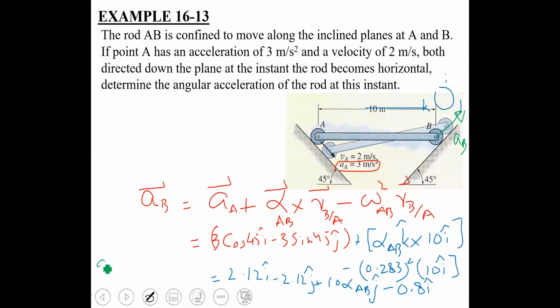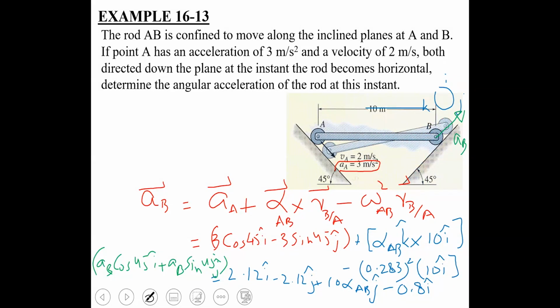So AB can be written as AB cos 45 I plus AB sin 45 J. और cos 45 या sin 45 0.707 होता है. So 0.707 ABI plus 0.707 ABJ should be equal to 2.12I minus 2.12J plus 10 alpha ABJ minus 0.8I.